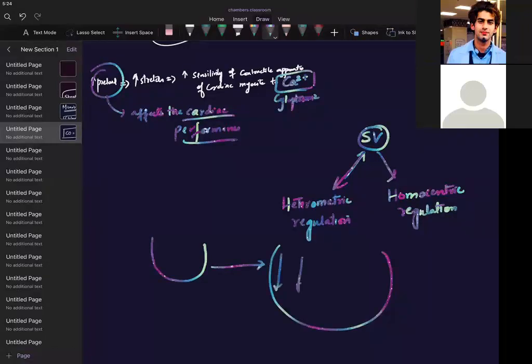Once you are filling it with blood, preload, you will increase its length. So those factors which are changing the initial length of myocardium will be called heterometric regulators or heterometric factors. Can I say preload is a heterometric regulator? Can I say preload is in this category?